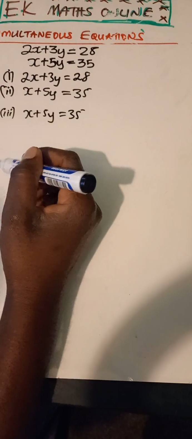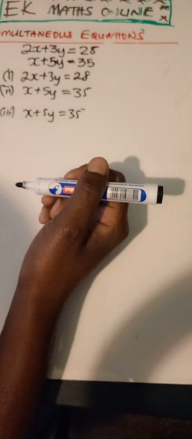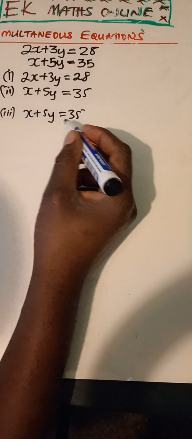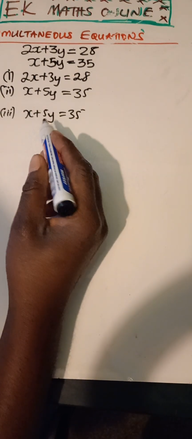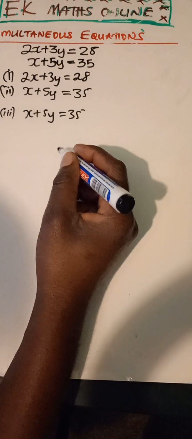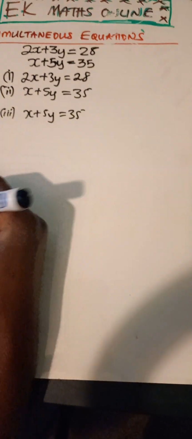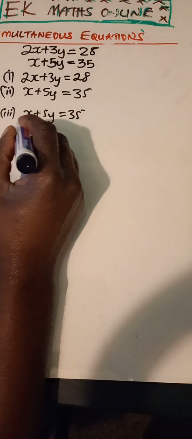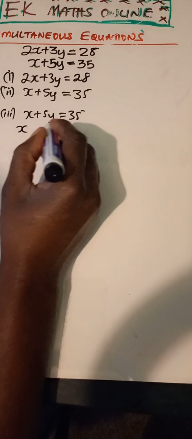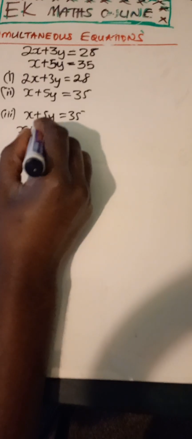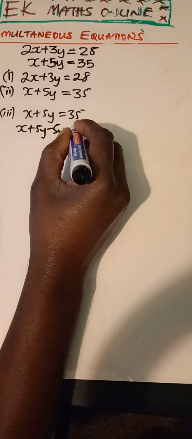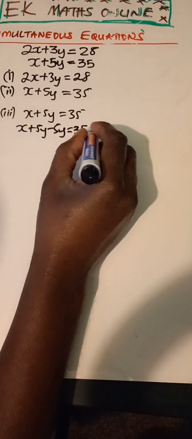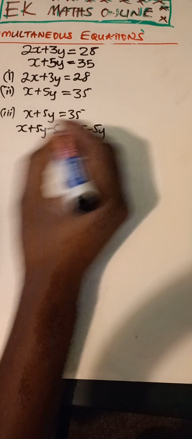So what do we do to find the value of x? It's simply minusing 5y both sides. Then we remain with x. So it will be x plus 5y minus 5y is equal to 35 minus 5y.